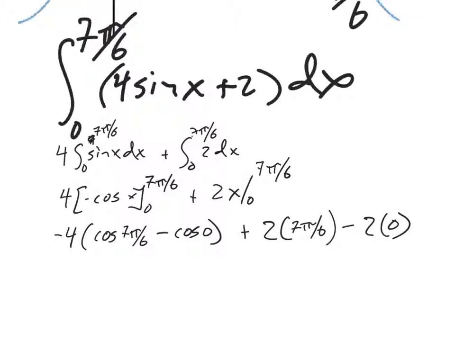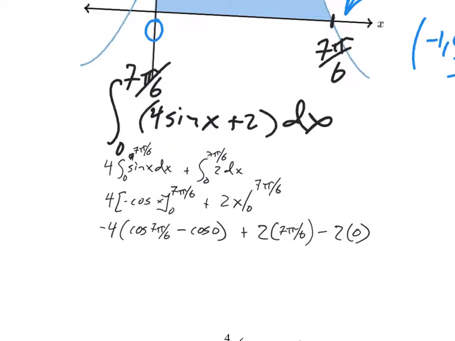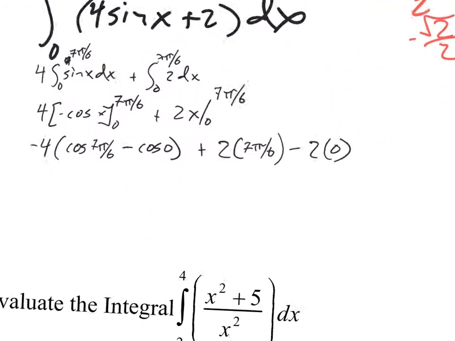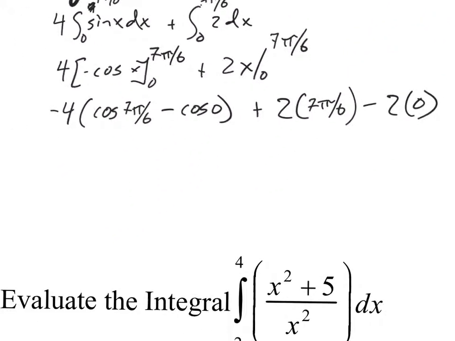Okay, so the cosine of 7 pi over 6, well, let's remember my unit circle, that was right here on the unit circle, so that would be this one, which would be negative root 3 over 2. Because remember, this would be root 3, 2, 1, and these would all be negative because they're underneath the x-axis. So, negative root 3 over 2.